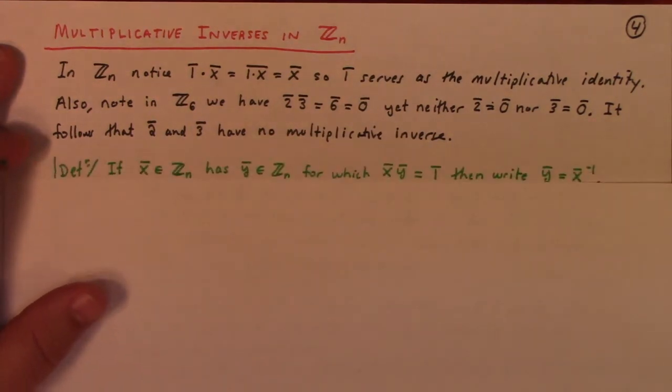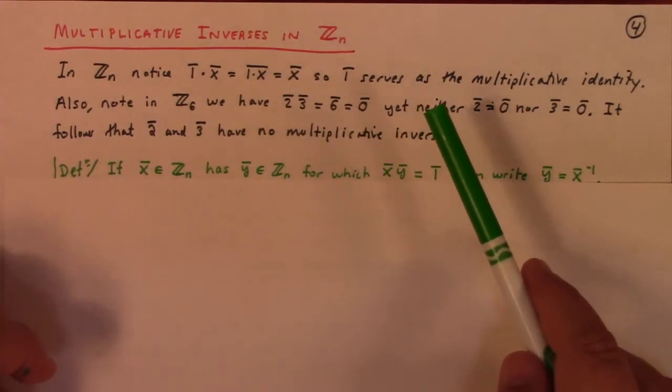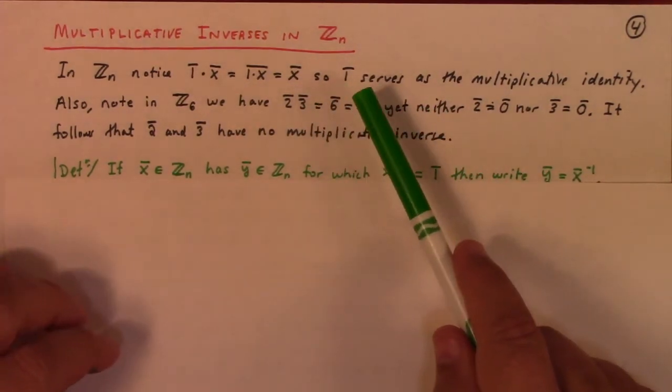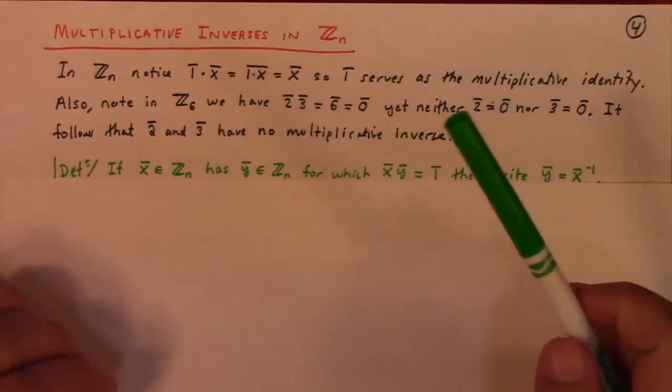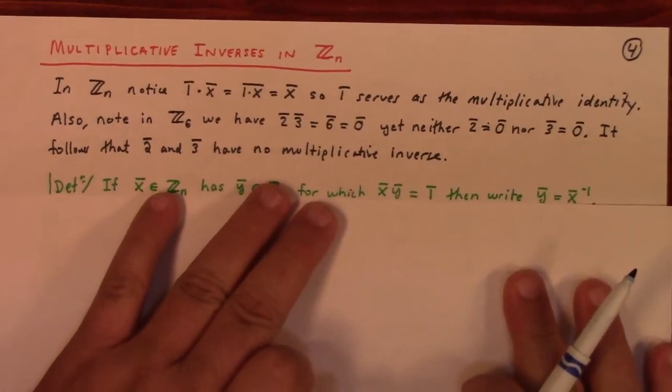If they did have a multiplicative inverse, it would allow you to get 2 bar equal to 0. Let me just scribble that up here, a side comment.